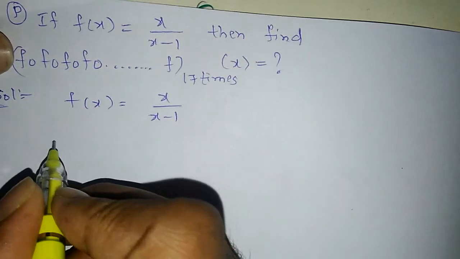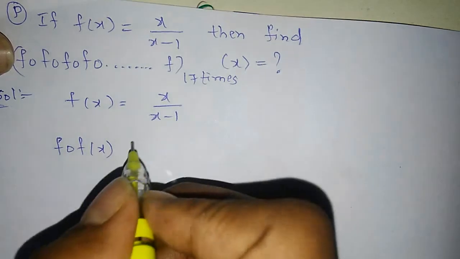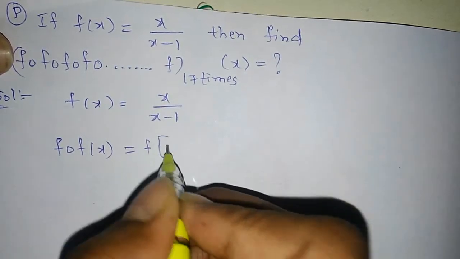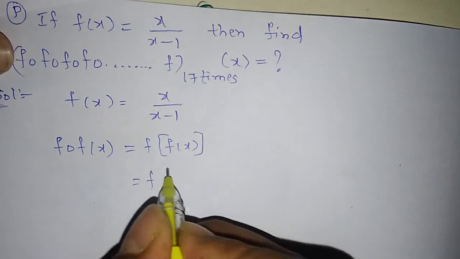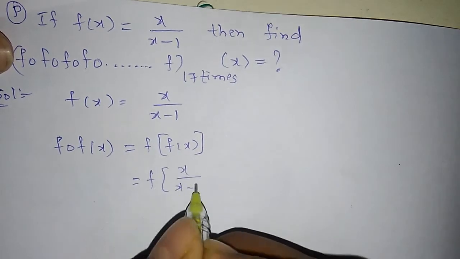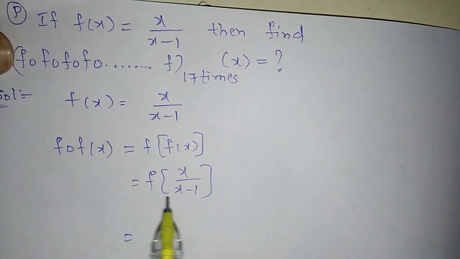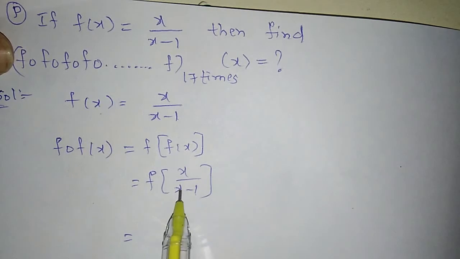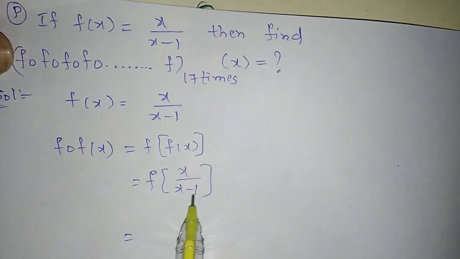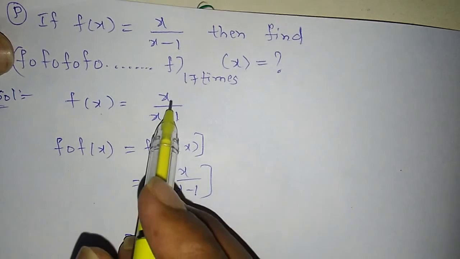First let us find f circle f of x. F circle f of x means it's a composite function, that is f of f of x. That is f of x by (x minus 1). So we have f of x is x by (x minus 1), right? Now f of x by (x minus 1) means put x by (x minus 1) in place of x.